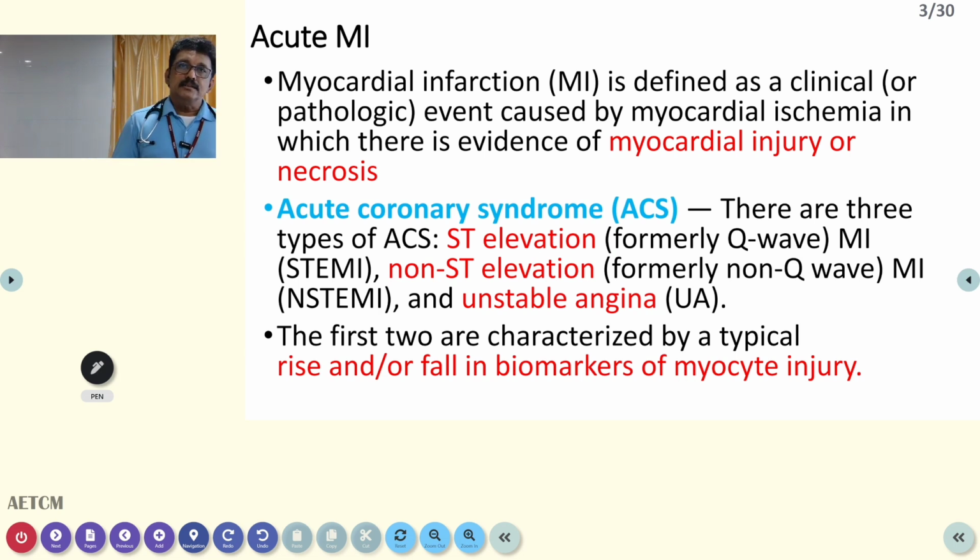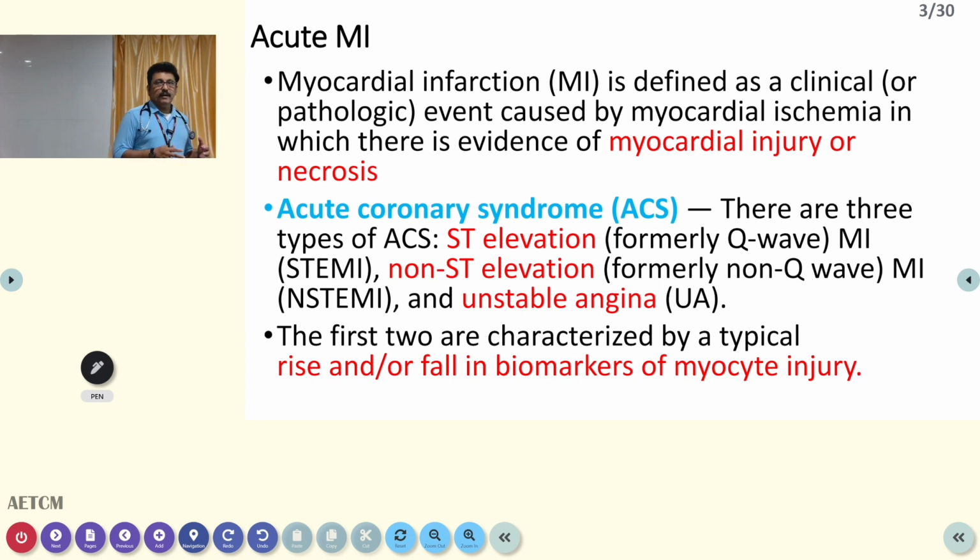Now, when you classify acute coronary syndrome, you can classify it into major groups. One is myocardial infarction, the other one is unstable angina. Unstable angina means there is a partial obstruction of the coronary, but whenever there is stress, strain, anxiety, fear, or exercise, the demand of the myocardium increases, and that produces chest pain.